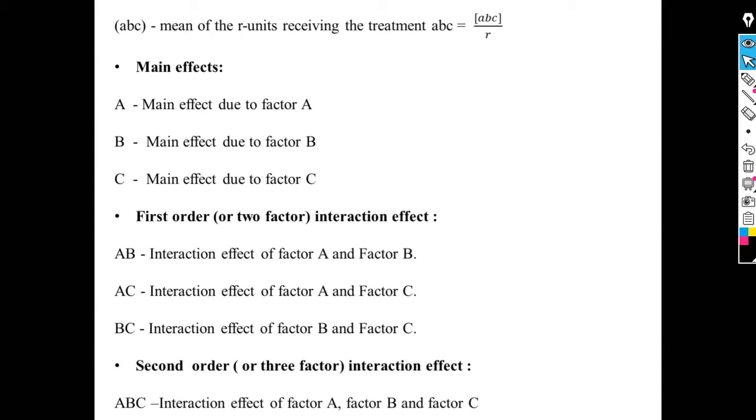It is the interaction effect of factor A, factor B and factor C. So in this way we discussed main effects, interaction effects, and then notations for treatment means and treatment totals.